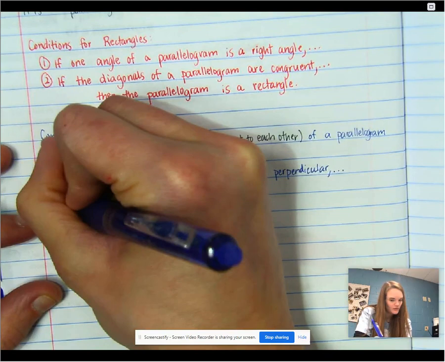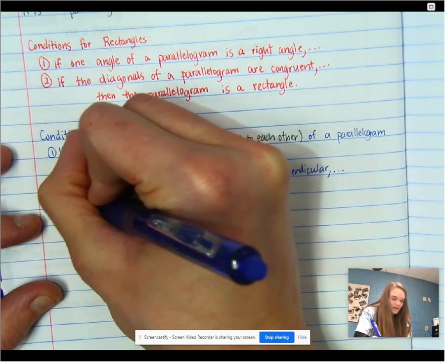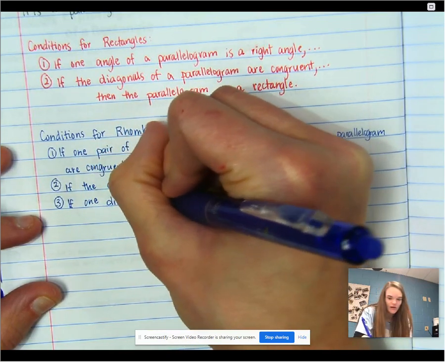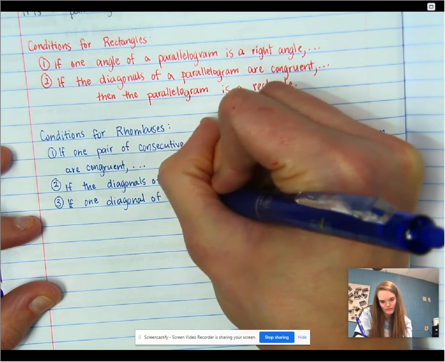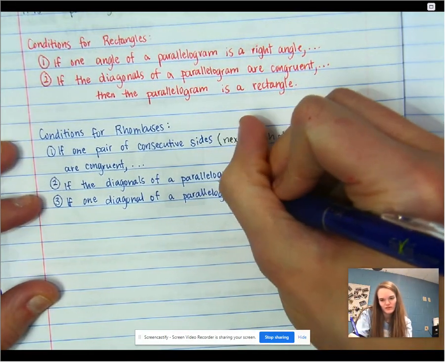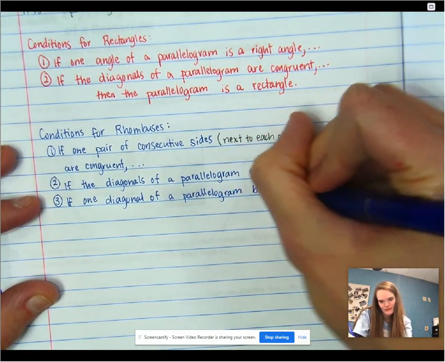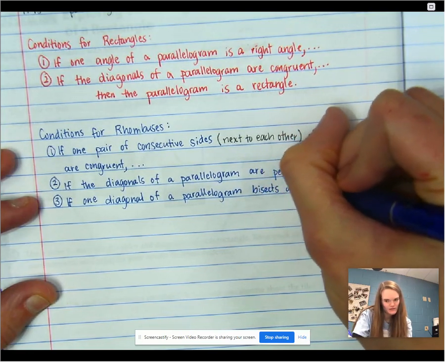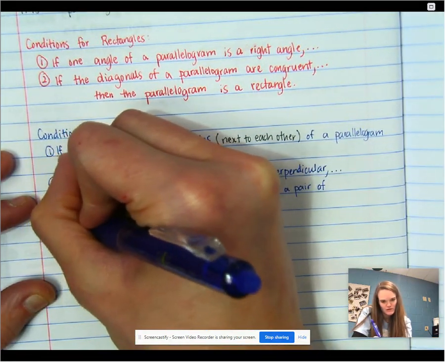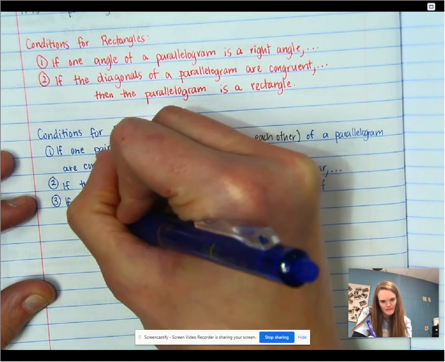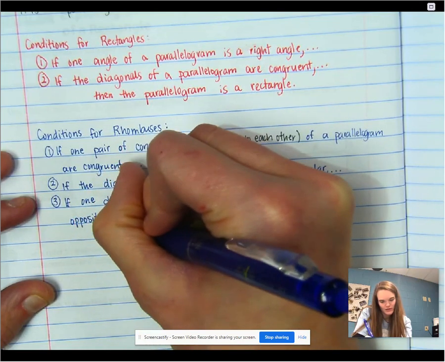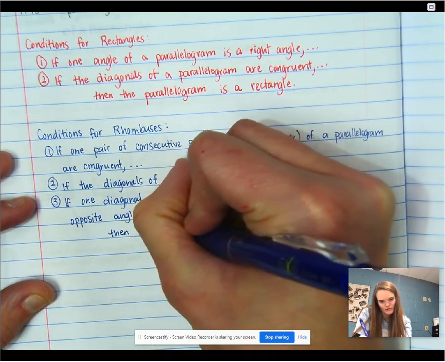And 3, if one diagonal of a parallelogram bisects a pair of opposite angles, then the parallelogram is a rhombus.